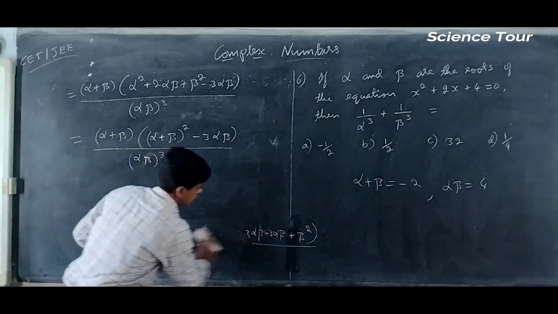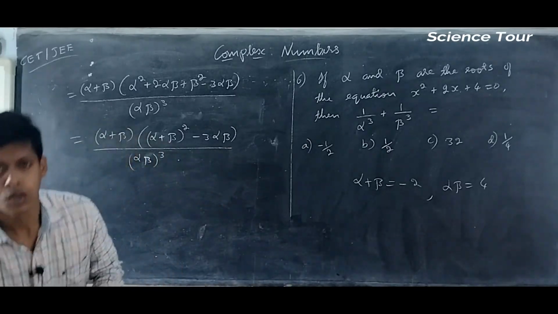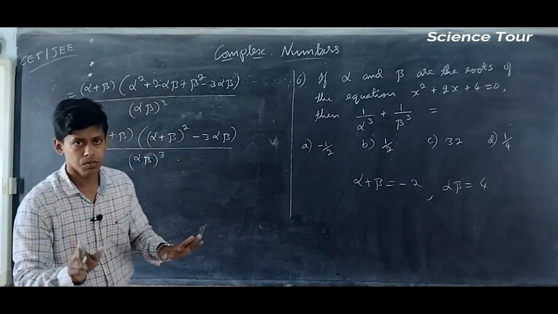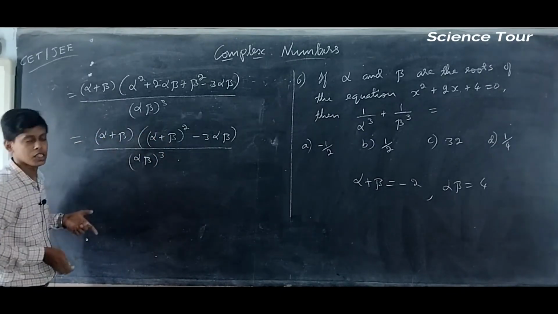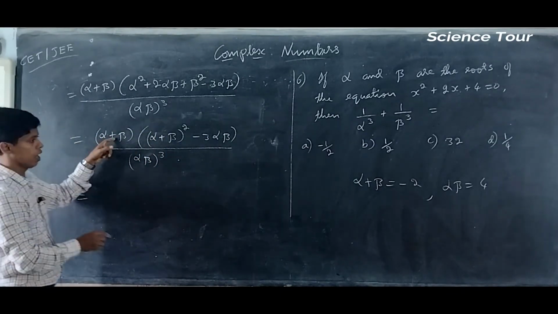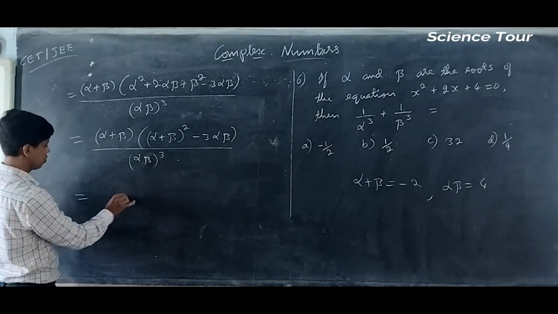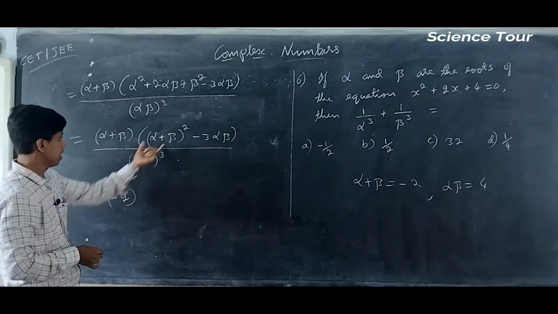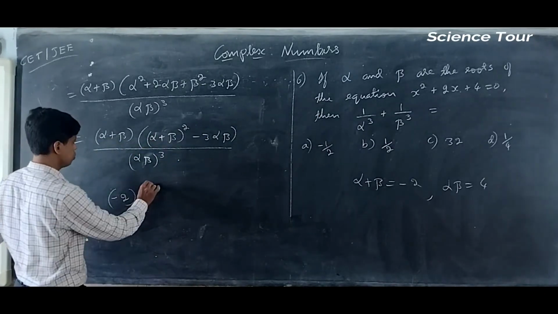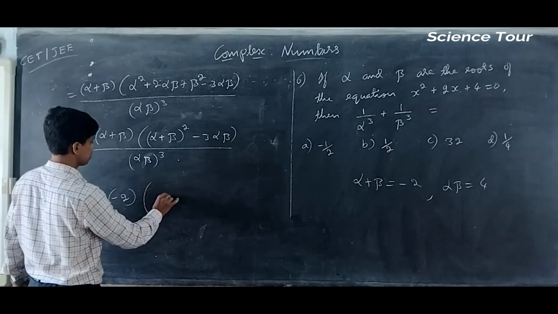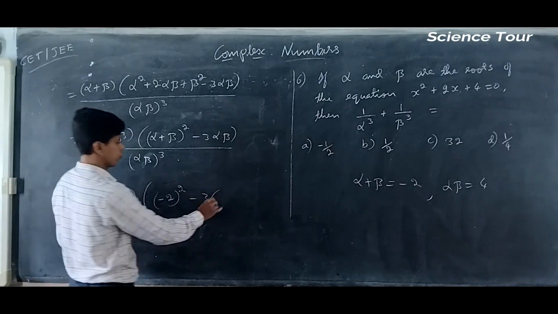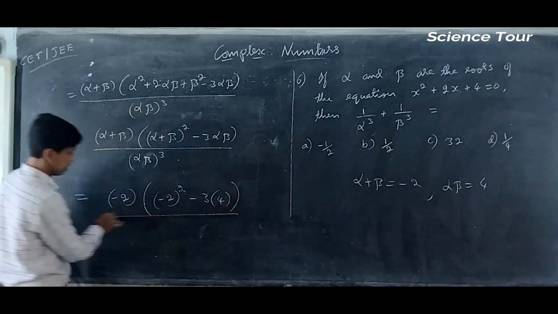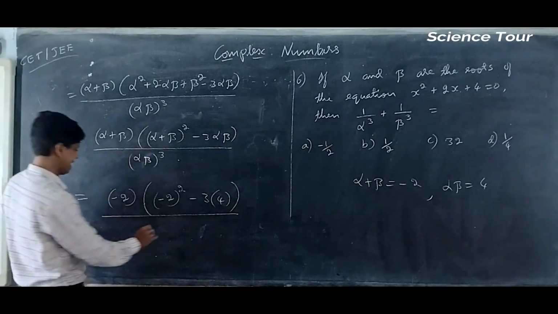That's the end. Well, look at it very carefully. It's a very simple thing. Now just substitute them here and simplify. So let's begin. Alpha plus beta is minus 2. I'm writing minus 2 here, and alpha plus beta is again minus 2, so I am writing minus 2 the whole square here, and minus 3. Alpha beta is 4, so write 4 divided by 4 cube.